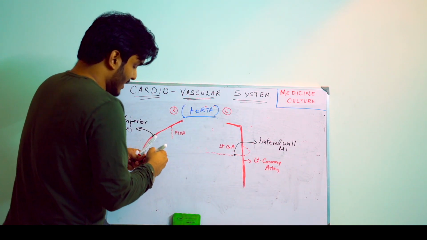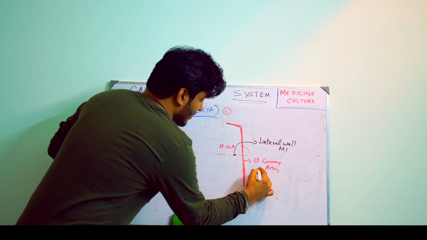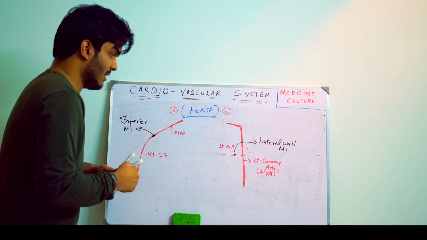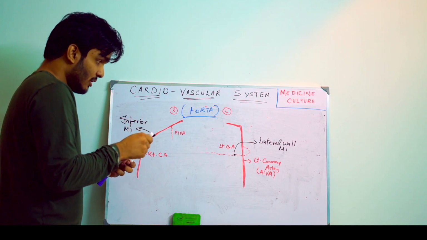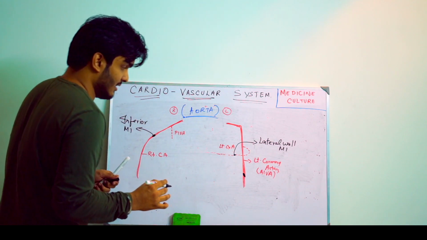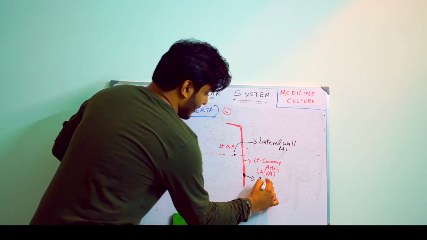This left coronary artery will descend down as AIVA, the anterior interventricular artery. If any damage or occlusion happens here, it gives rise to anterior wall MI.